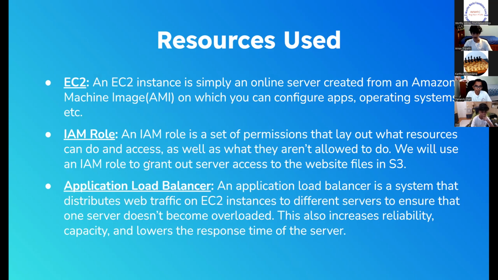It probably won't be used for us, but if you were a huge company with millions of users visiting your website every day, in order to manage that traffic and load, your users would be distributed over multiple servers so that one server doesn't become too overloaded. This increases not only reliability, but capacity, and lowers the server response time.